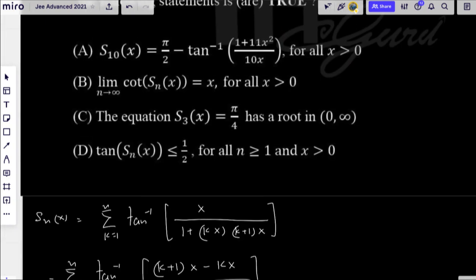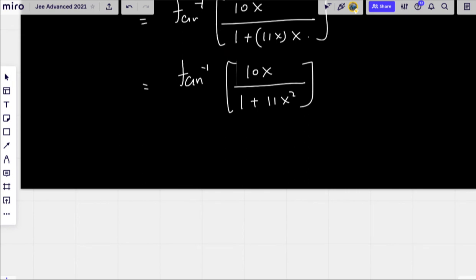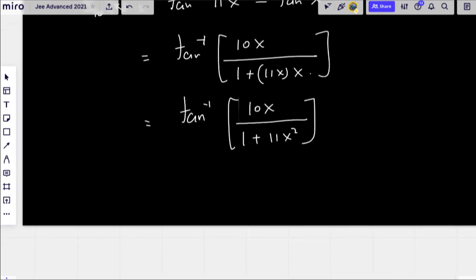Okay, so if we are interested, you can convert it in cot inverse also, but this is the same result, right? So A option is correct, undoubtedly, but for B option we have to convert it in cot inverse. So we can say pi by 2 minus cot inverse, or tan inverse 10x upon 1 plus 11x square.